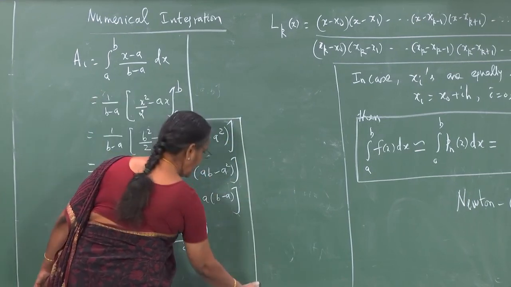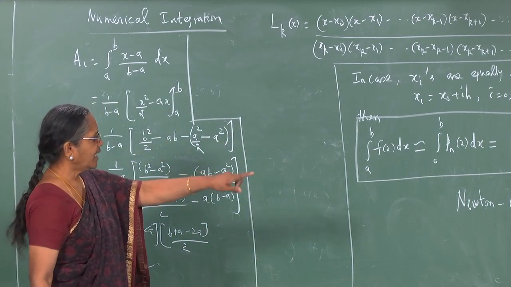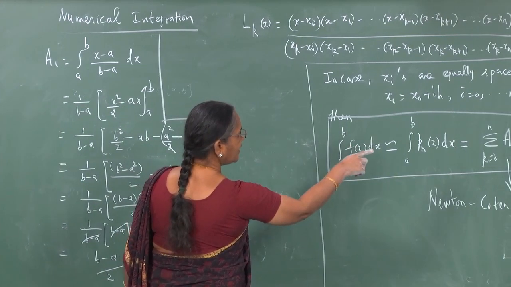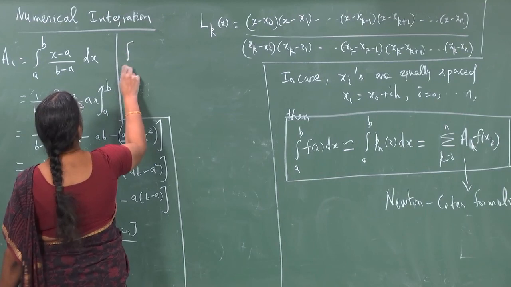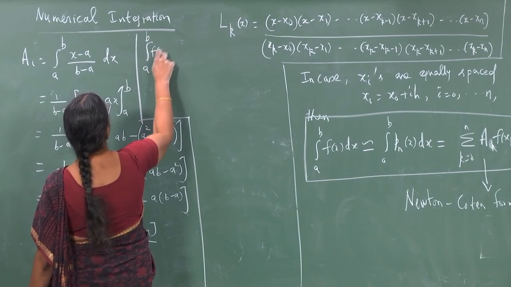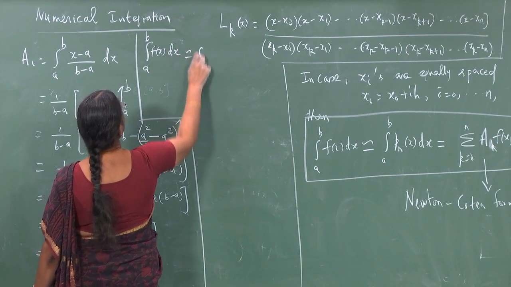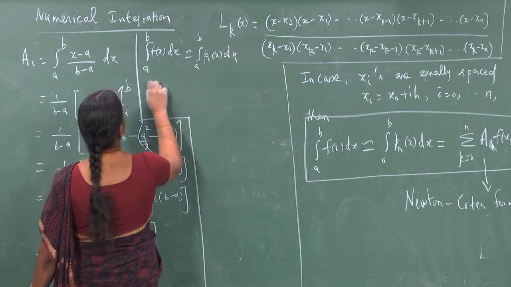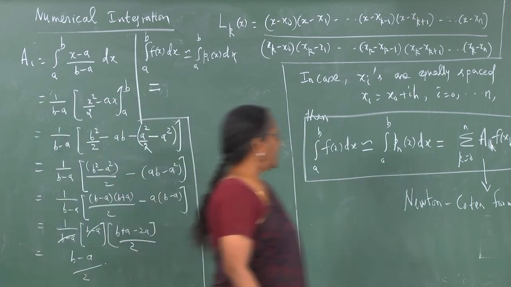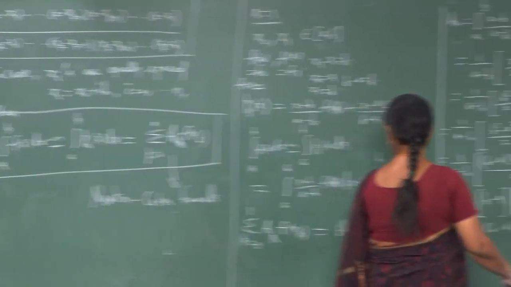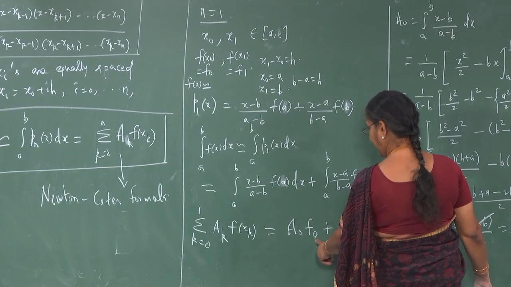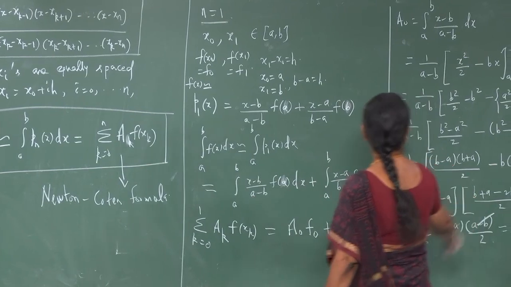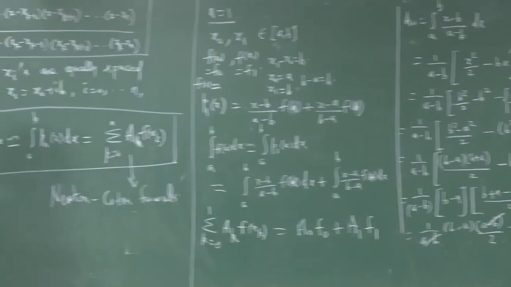So you have computed both a naught and a1. So that gives you the result for approximation of the integral f of x dx, which is integral a to b p1 of x dx, which is a naught into f naught. F naught is f at x naught and x naught is a. So a naught into f of a is b minus a by 2.